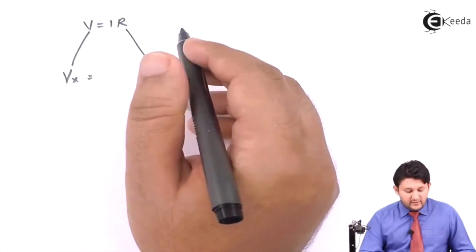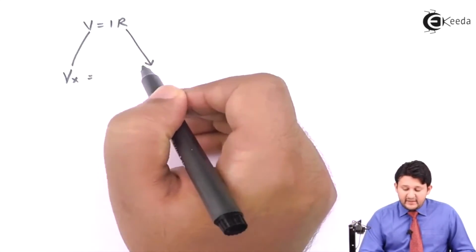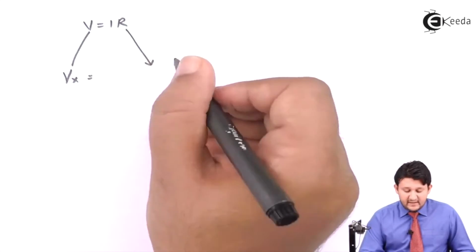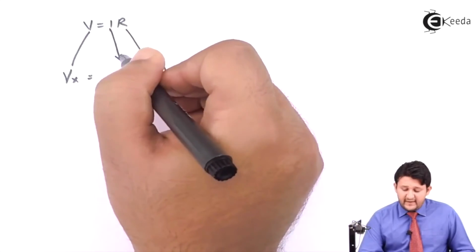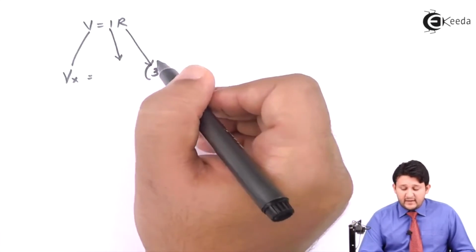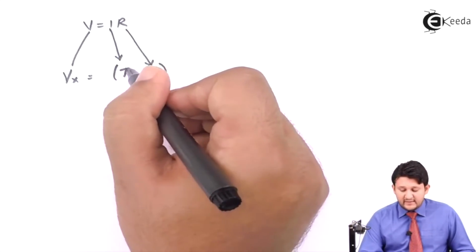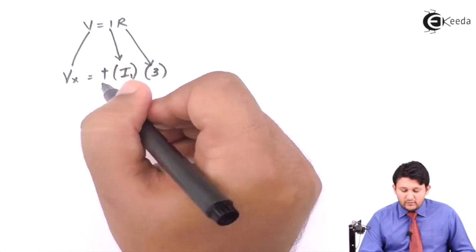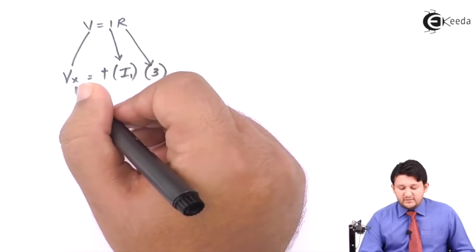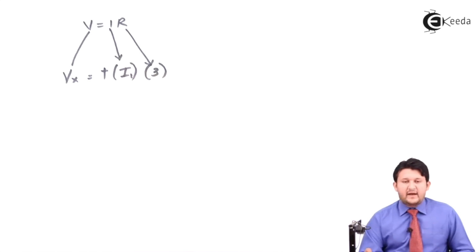For R, you will be writing the resistance across Vx, that is nothing but 3 ohms. In terms of I, you will be writing the current flowing across 3 ohms, that is nothing but I. And your I1 enters into positive. So your equation will be Vx equal to 3I1.